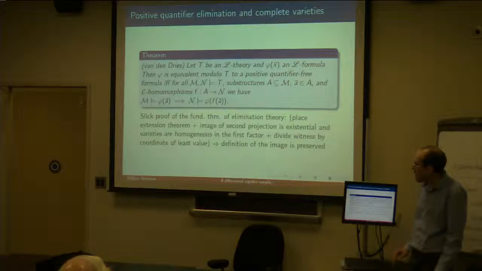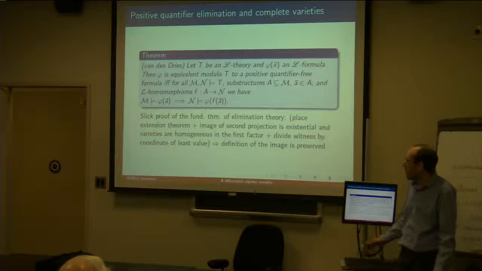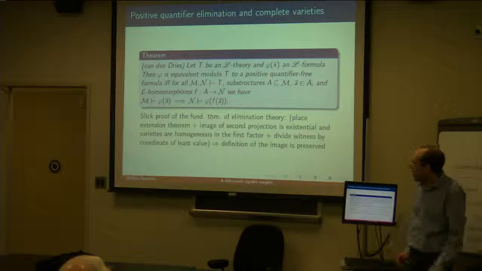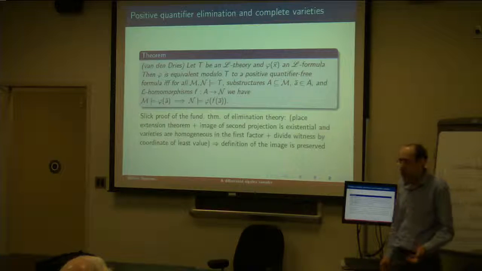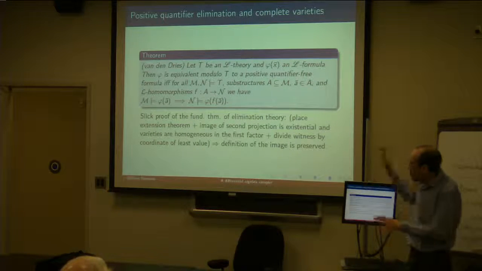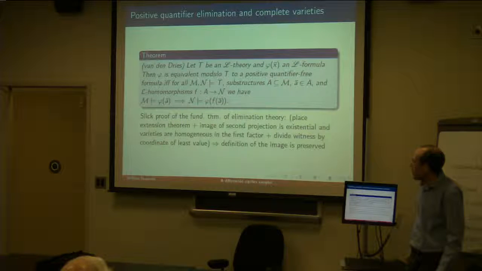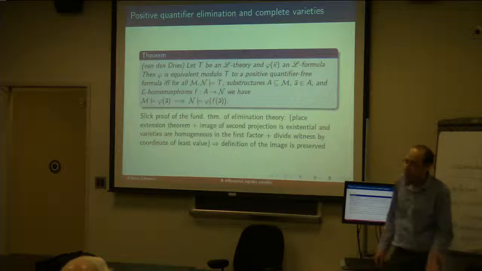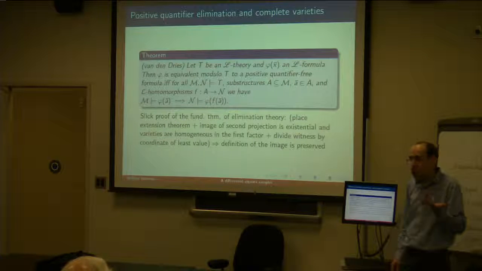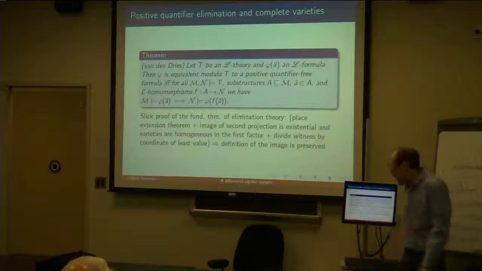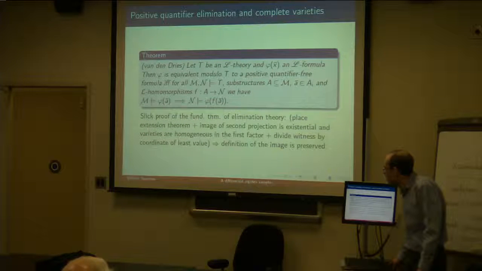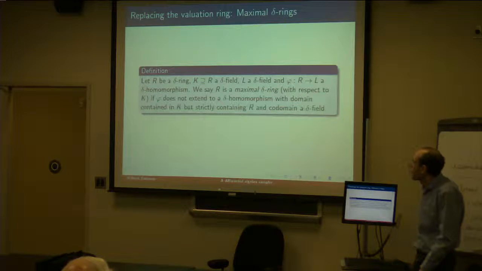Suffice it to say that the main ingredient is that you can extend homomorphisms on subrings to homomorphisms on a valuation ring. And then also the fact that if you work with an algebraically closed field, those are existentially closed, that comes in. But that's really all that's going on here.